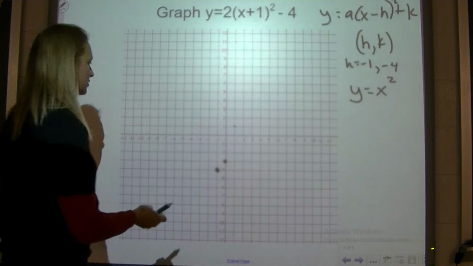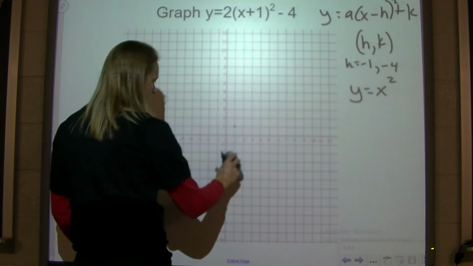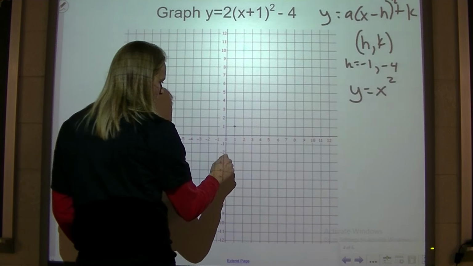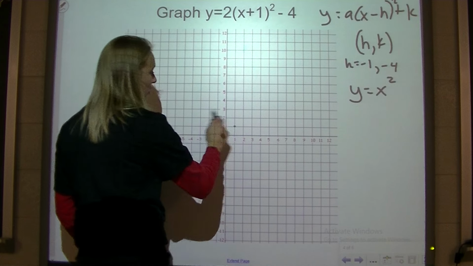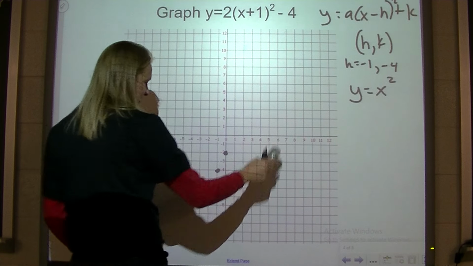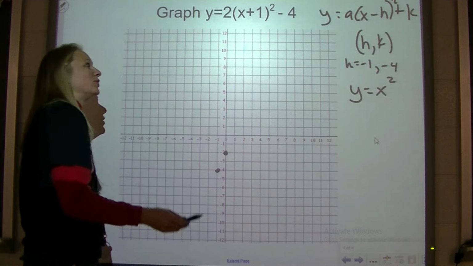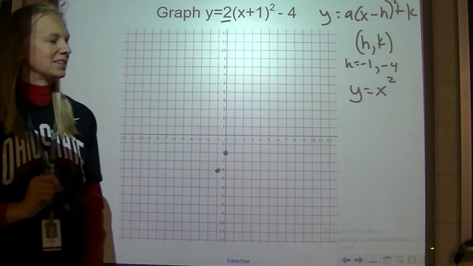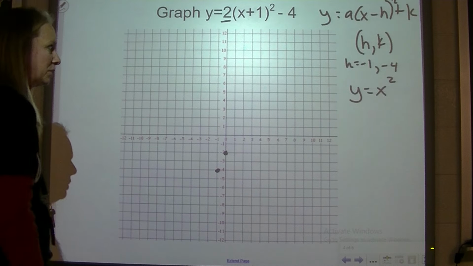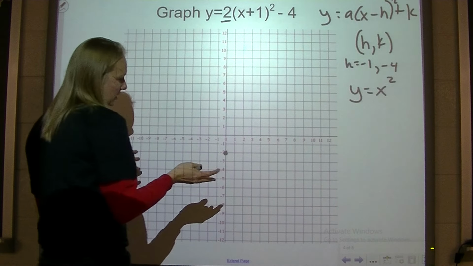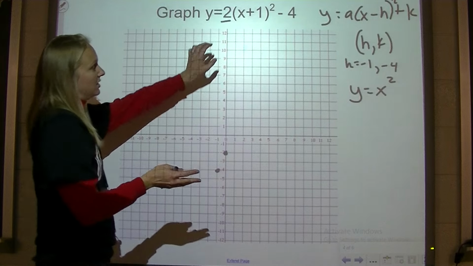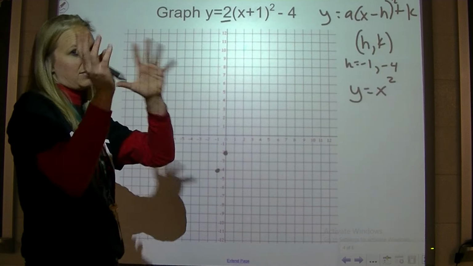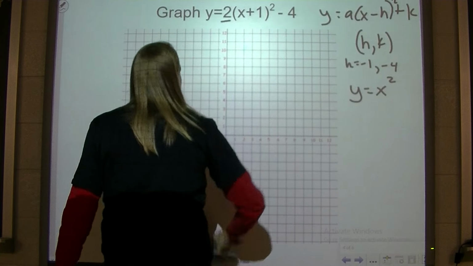Oh, sorry. So every point is not just moved left 1 and down 4, because of the 2 in front. I forgot that was there. So that's why that doesn't necessarily work here. That's why it's -2 instead of -3, because it's multiplied by a factor of 2, which is going to shrink it from our parent graph, as we learned with absolute value functions.